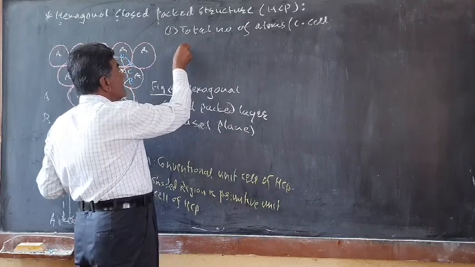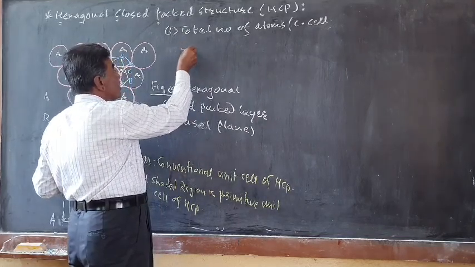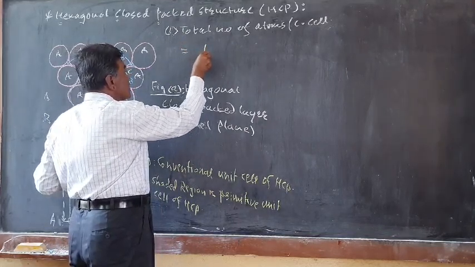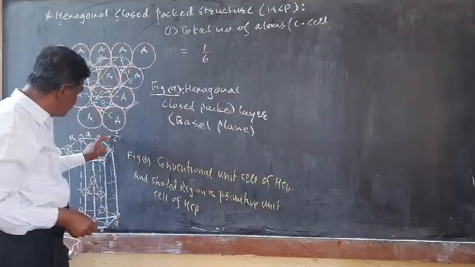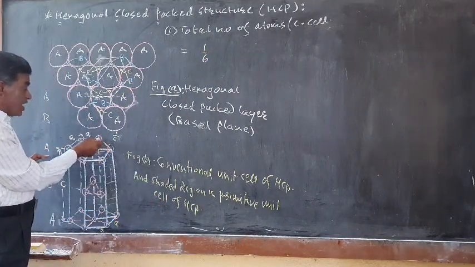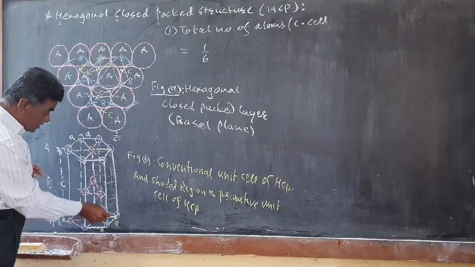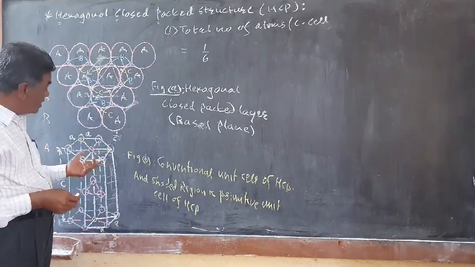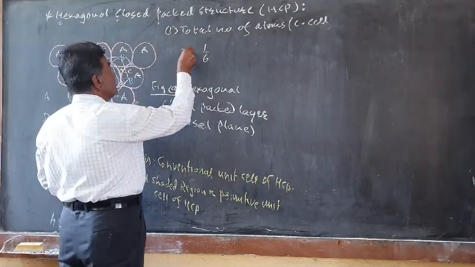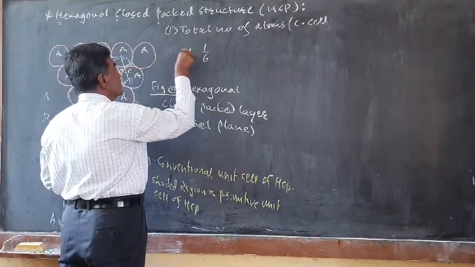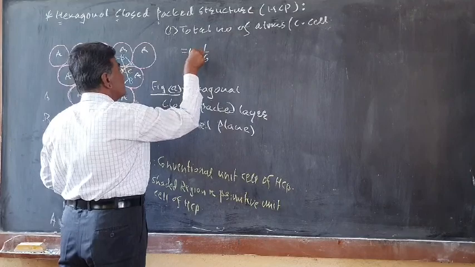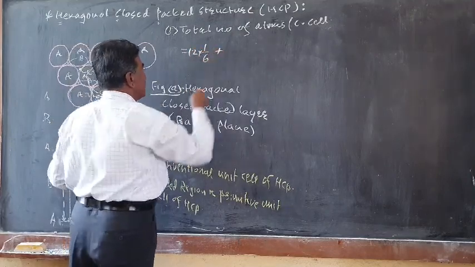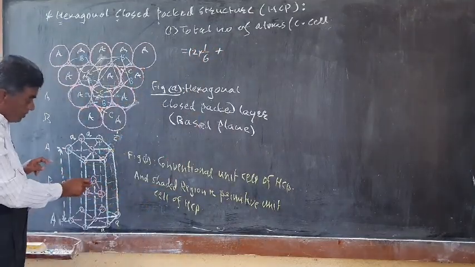So the total number of atoms will be equal to the contribution of corner atoms, that is 1 by 6 per atom. There are 12 corners: the upper has 6 and the lower has 6. So the contribution of all 12 corner atoms per unit cell is 12 into 1 by 6, plus again there are B positions.